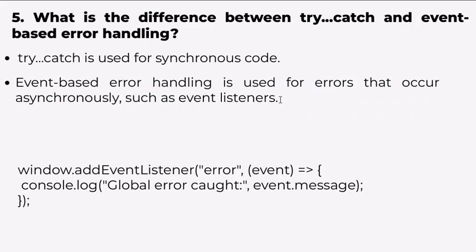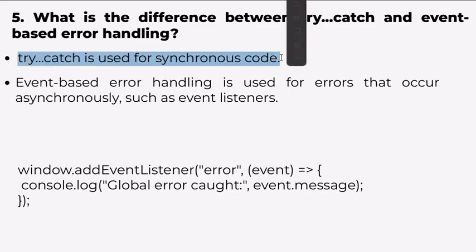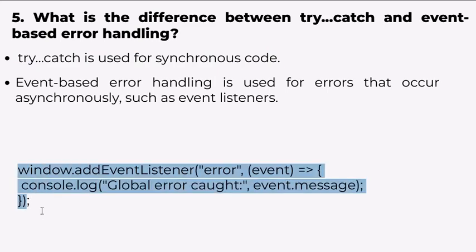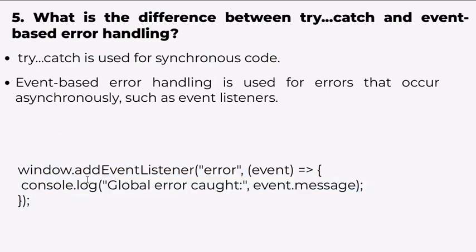When you're working on event listeners or any other types of functions or logic, you will face event-based error handling when you're working on asynchronous code. You can see I have given an example here, which is window.addEventListener. Window is the default window of your computer or laptop.